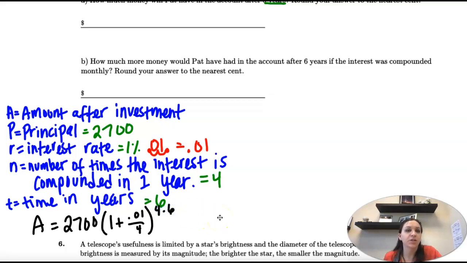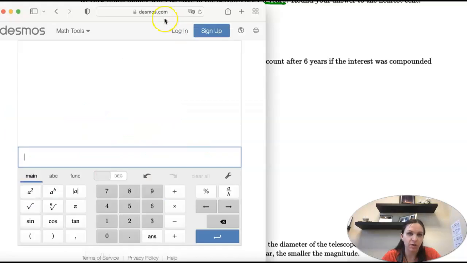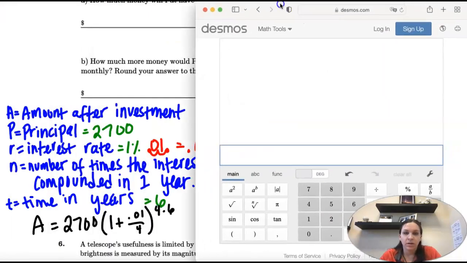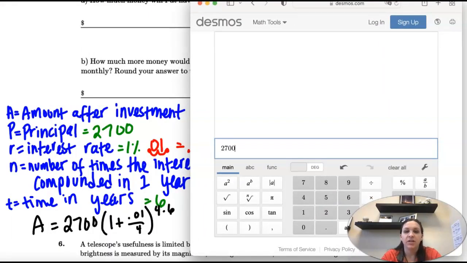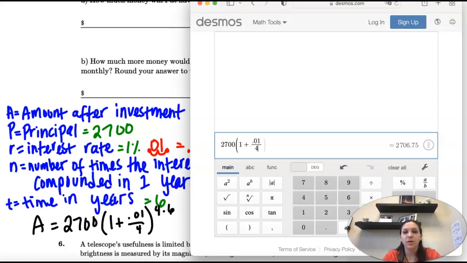So this whole problem is just knowing what the variables mean and what numbers to put into them. And then it's a simple calculator problem. So 2,700 parentheses 1 plus 0.01 divided by 4, close parentheses, shift 6 is my exponent. 4 times, see how I brought it down?